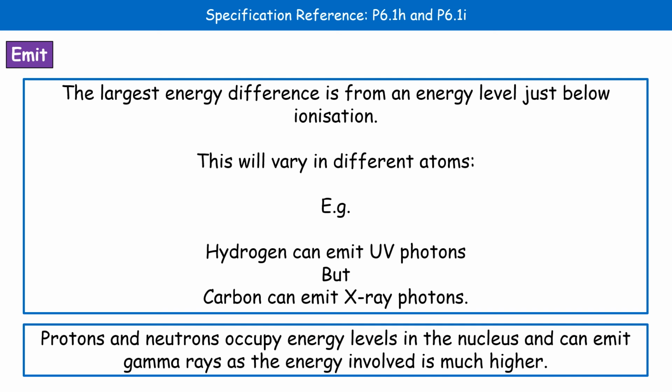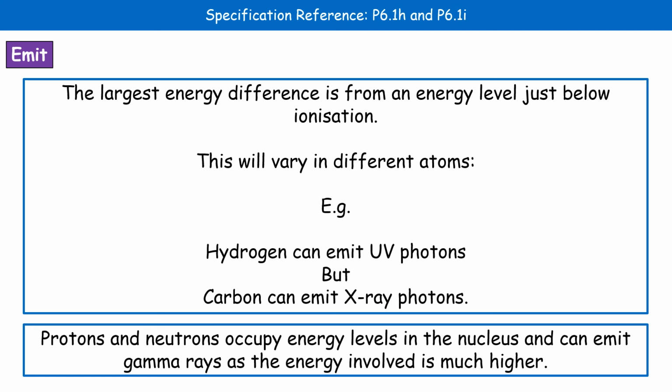Do remember, and I hope this is a logical point here, that the largest energy difference that we will see will be when an energy level just below ionization is then going to drop back to a lower one. And exactly how much energy that equates to depends on the atom.